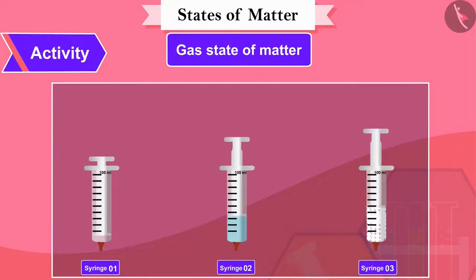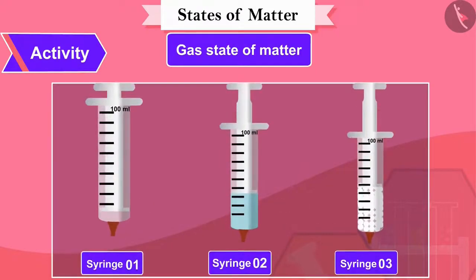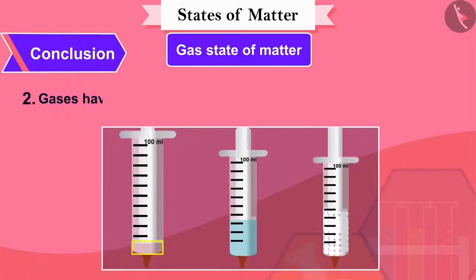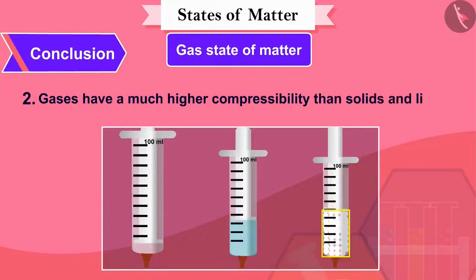What did you see? You can see that the first piston was the most easily suppressed. From this activity, we can conclude that gases have a much higher compressibility than solids and liquids.